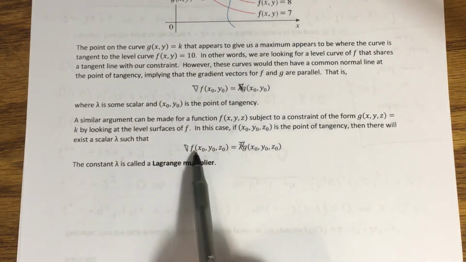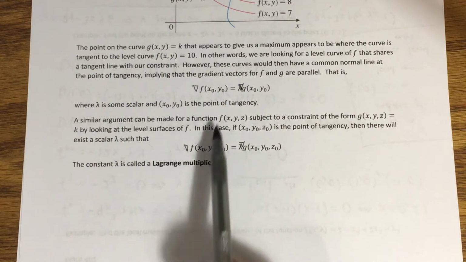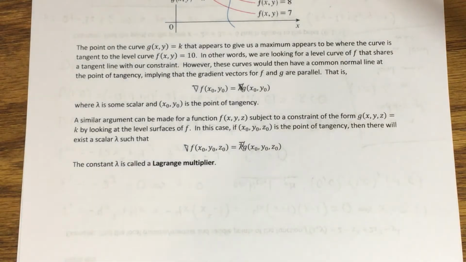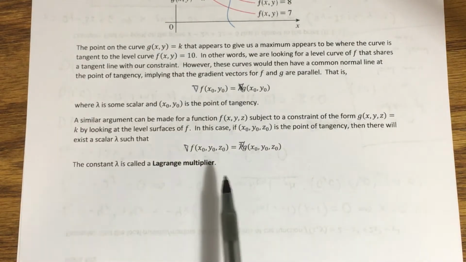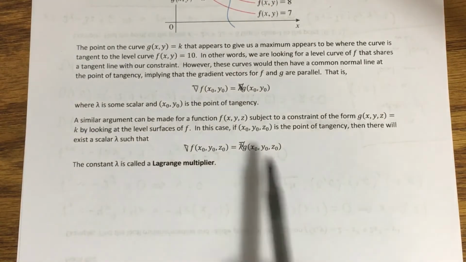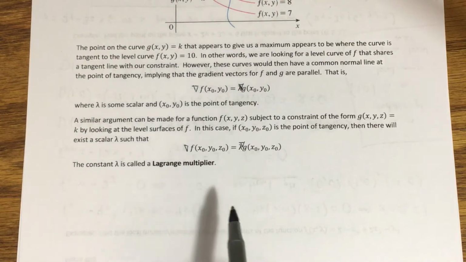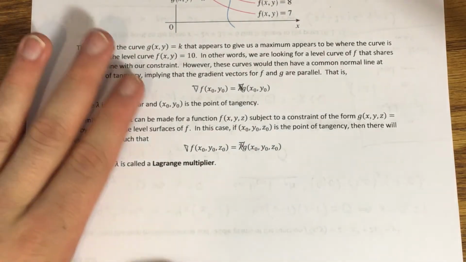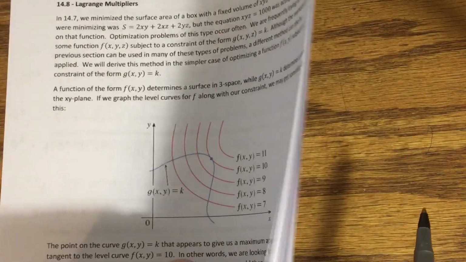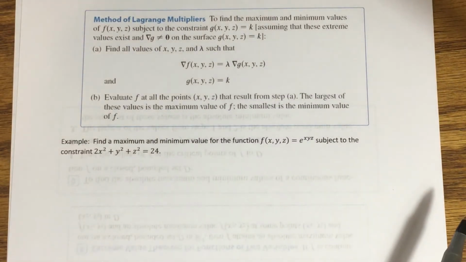In that case, the gradient vectors of both f and g, which are now functions of 3 variables instead of just 2, would also be parallel, meaning that they're scalar multiples of each other. That lambda, that Greek letter lambda that's showing up as the scalar here, is what we call a Lagrange multiplier. And that leads to this technique that we call the method of Lagrange multipliers.